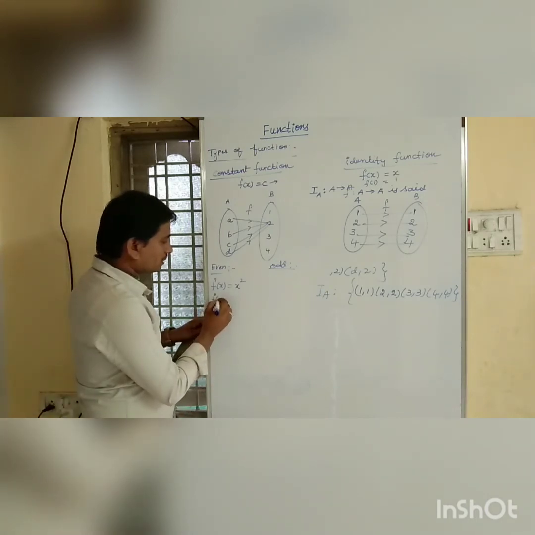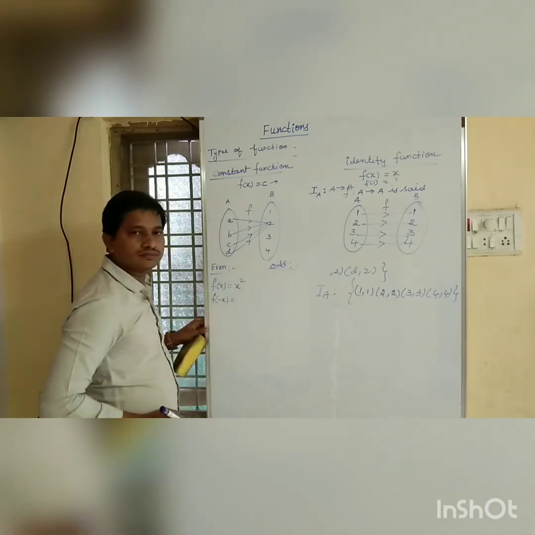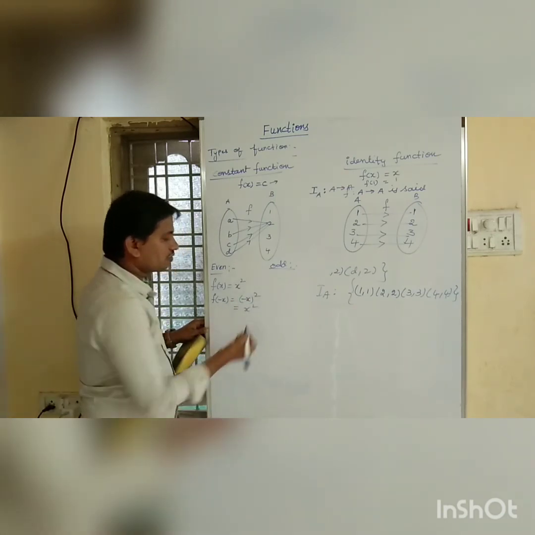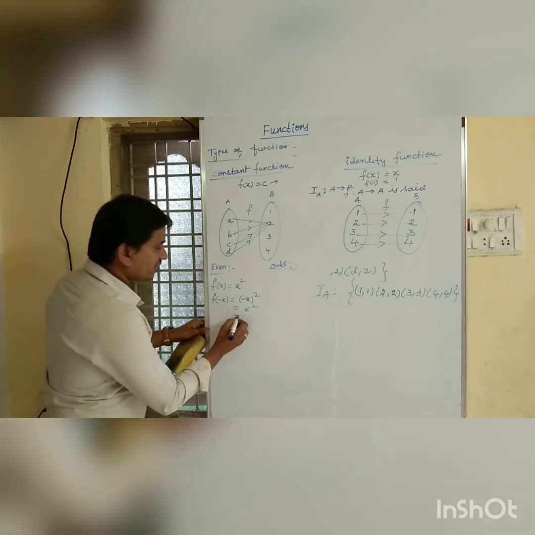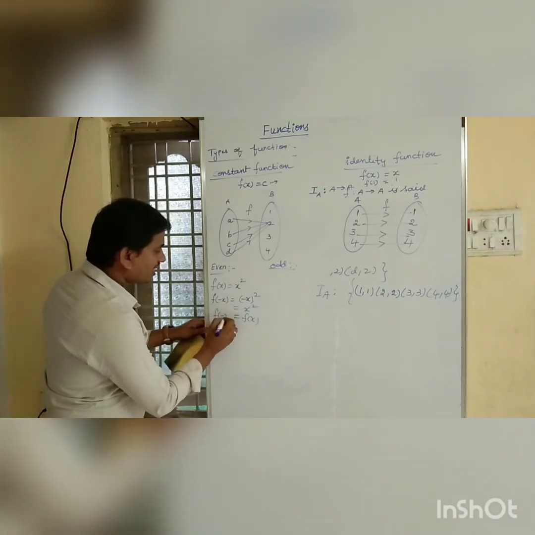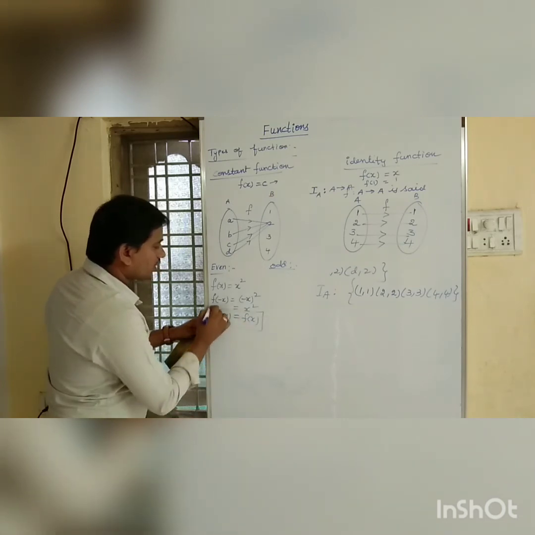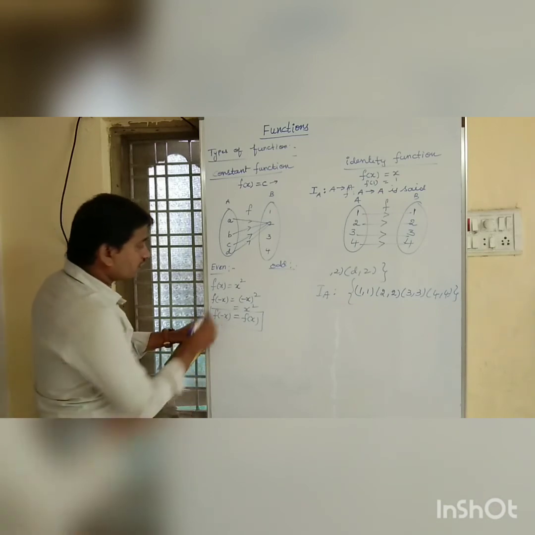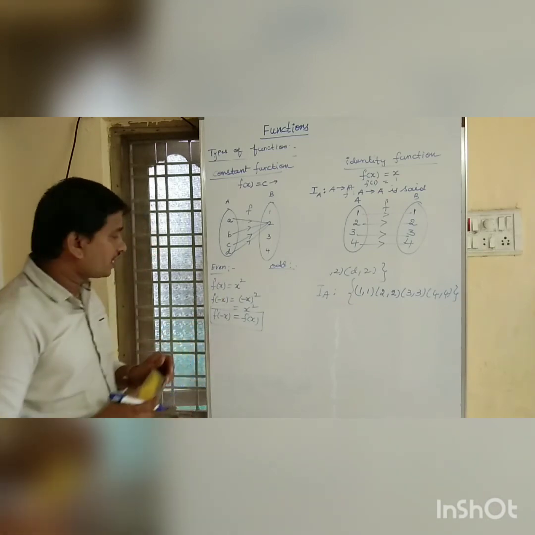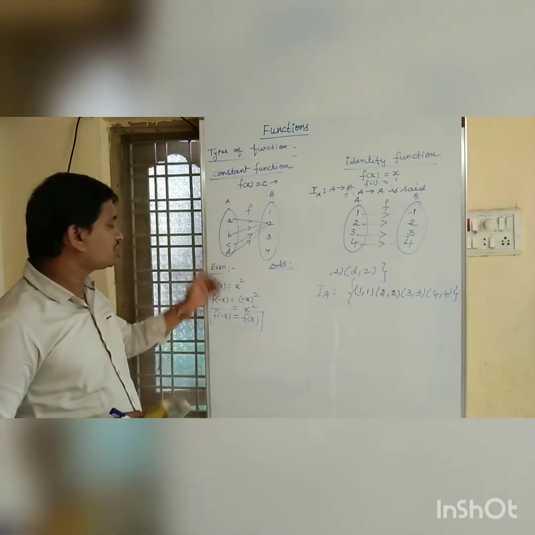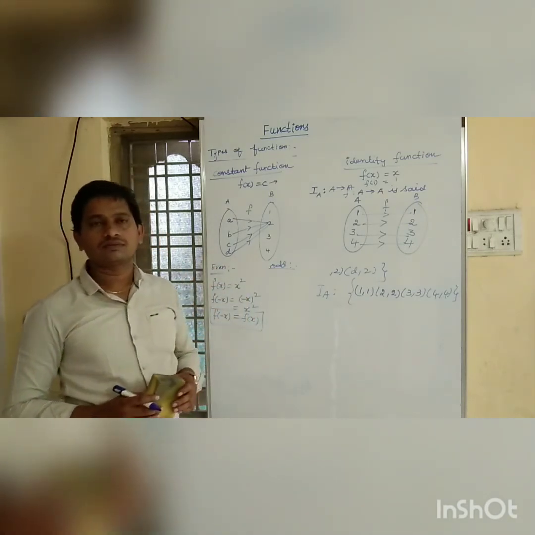So suppose if you substitute f of minus x, I mean (minus x) whole square is equal to x square only. X square is nothing but f of x only. I mean f of minus x is equal to f of x. If you substitute in place of x, I mean f of minus x is equal to f of x, then that function is said to be even function.